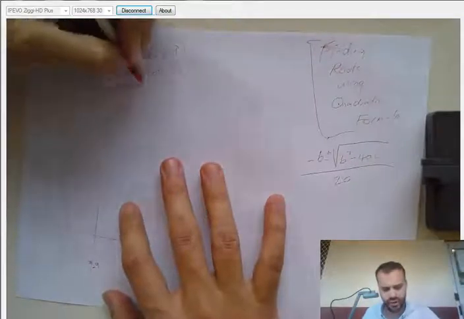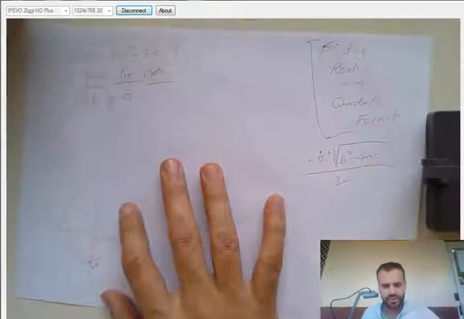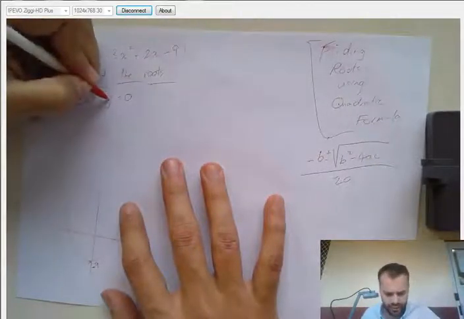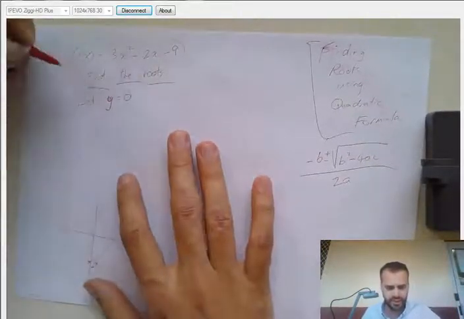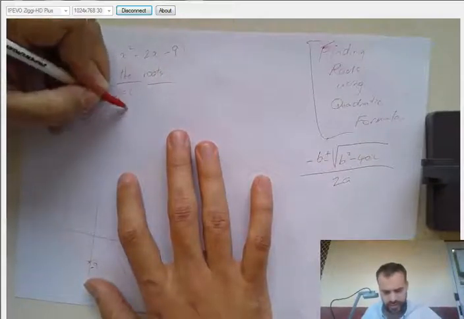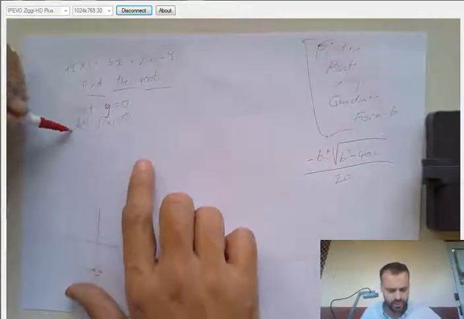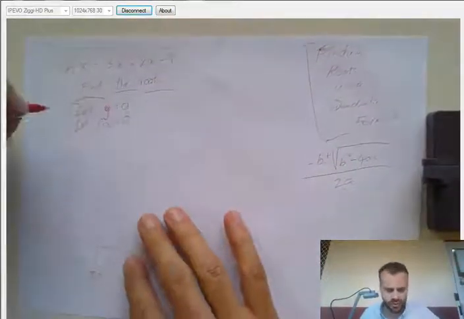So if you want to find the roots, let y equal 0, or probably more accurately in this scenario, let f of x equal 0, because it's a function, 3x squared plus 2x minus 9. Either one of these phrases will do, but I've talked about this again and again.